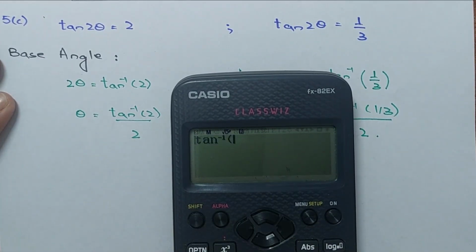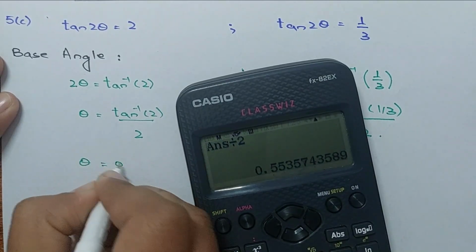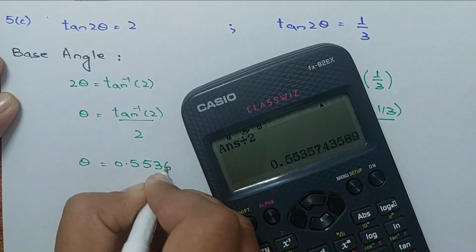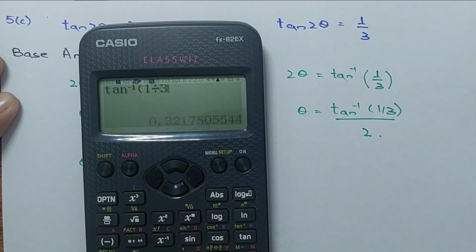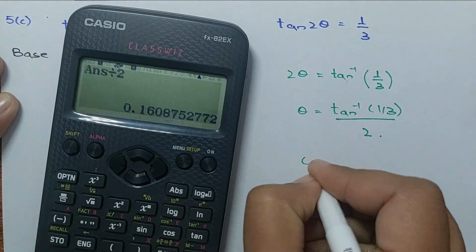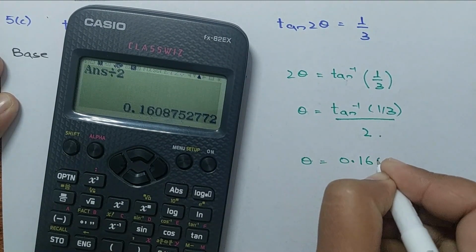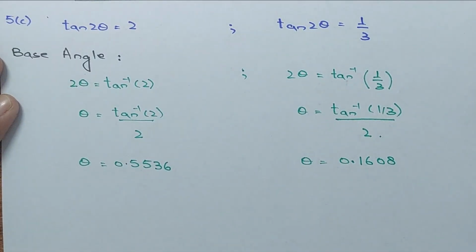Now tangent inverse of 2 divided by 2, this value is theta equals to 0.5536 radians. Now tangent inverse of 1 over 3 divided by 2, this value of theta is 0.1608. Okay, both are positive, both are in radians, we need to pick the least positive value.